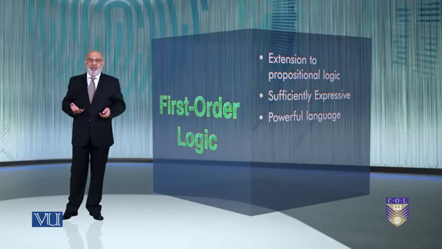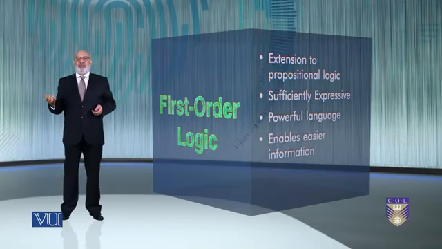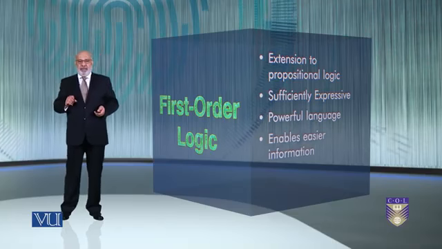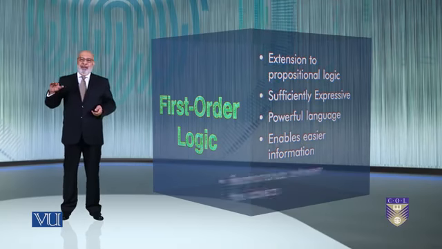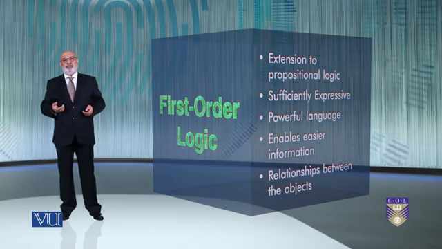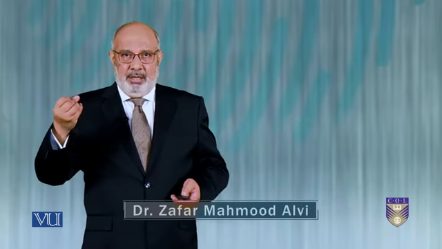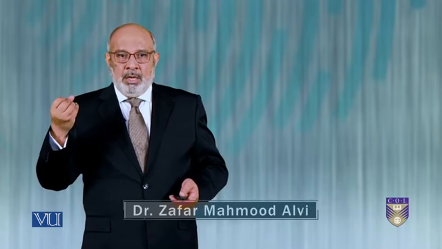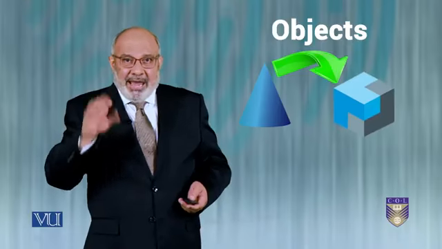It's a powerful language that enables easier information representation about objects, and we can also represent relationships between these objects. So in first order logic, like natural language, it not only assumes that the world contains certain facts, statements, okay, propositions, but also assumes that you have things like objects, you have relations, and you also have functions.